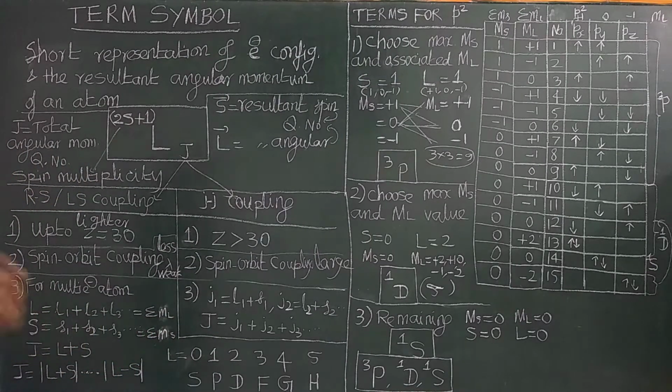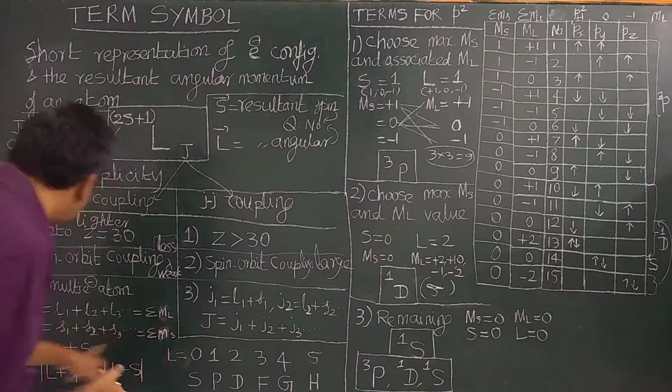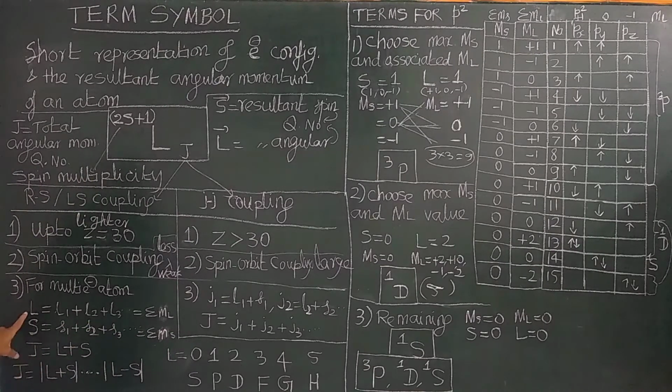Similarly, the spin angular momentum of electron 1 is s1, and for electron 2 the spin angular momentum couples with it to give the resultant spin angular momentum, summation of ms. Therefore J equals L plus S.